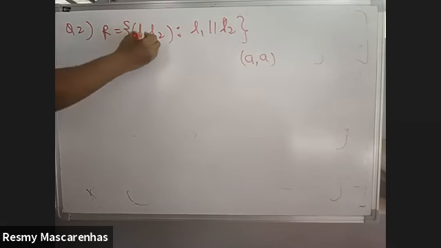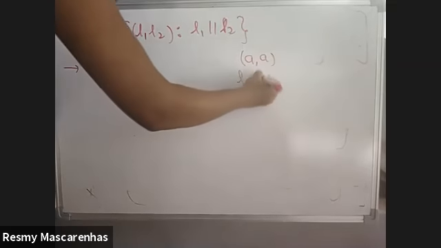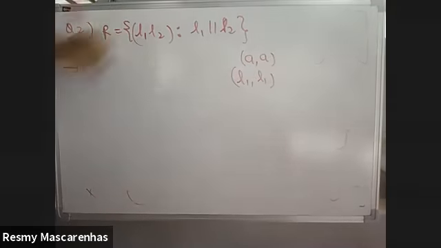So for this, what will it be? L1 comma L1, with itself you have to check.